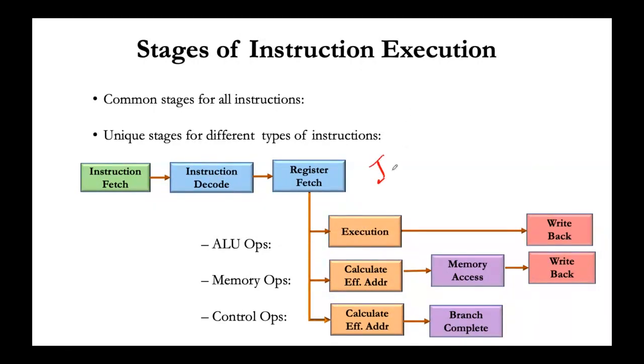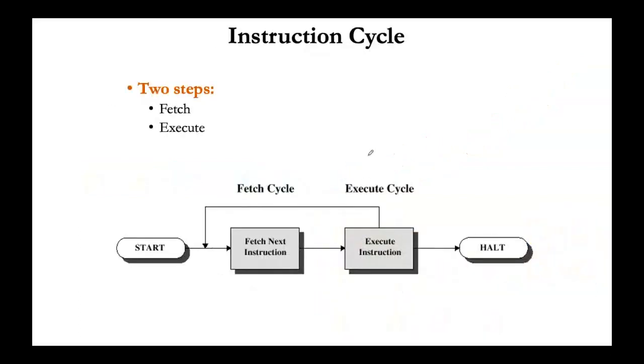I repeat again: the first stage is instruction fetching, the second is instruction decoding, the third stage is your execution part, the fourth one is memory assignment, and the fifth one is your write back. So these are the 5 stages of your instruction execution.